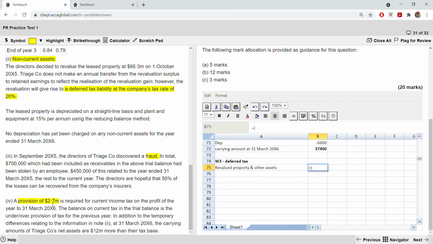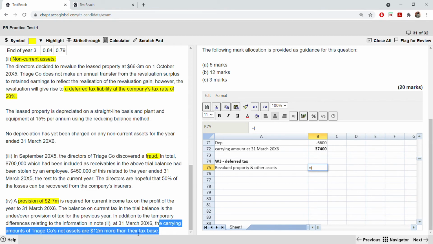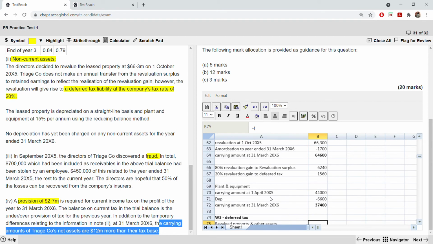Provision of 2.7 is required for income tax. In addition to the temporary differences related to the information in note 2, the carrying amount of the trench's net assets are 12 million more than their tax base. This means it's another asset. 12 million more. That's why we are adding 12 million also with the revalued. So it will be 7,800.